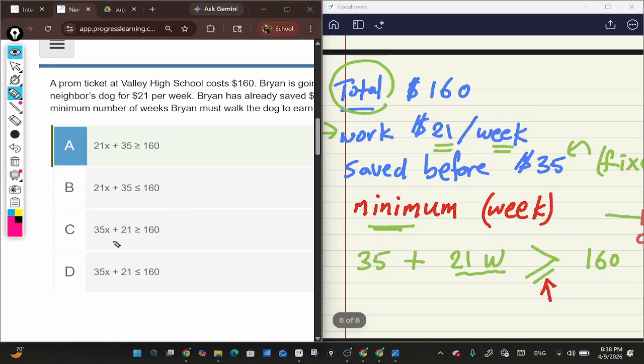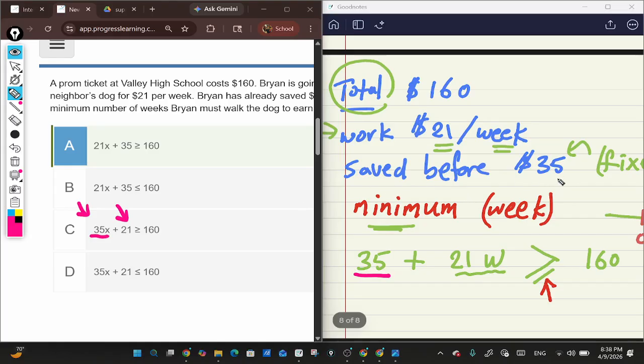What's the problem in option C? In C, you can see that we have 35x. What is the problem with 35x? 35x means he will be paid $35 each week, and he saved a fixed number 21. But this is not the case in this question.